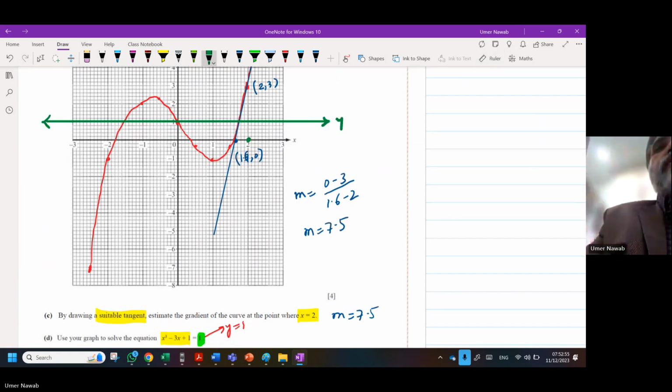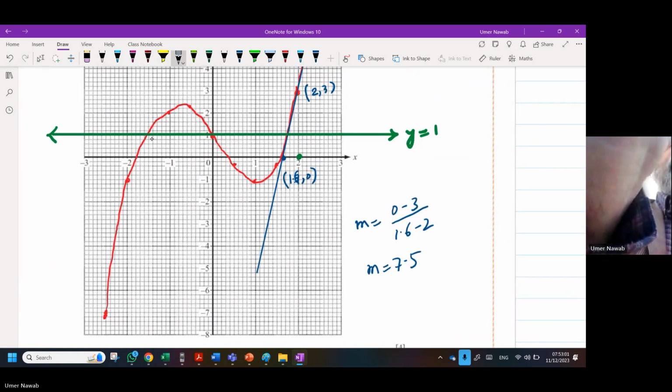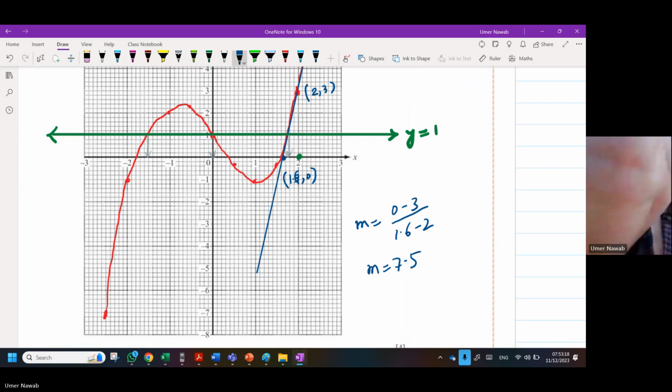This is your y is equal to 1 line. Let's try to get 3 solutions. First of all, this will be your first solution. This is your second solution. And this is your third solution. So first solution is minus 1.5.